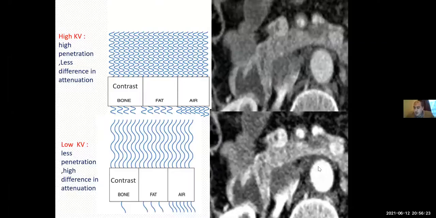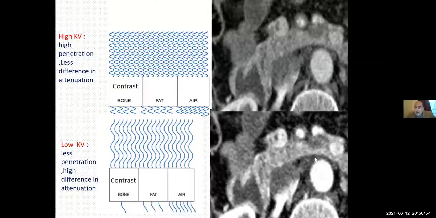Okay, this image is brighter, using 80 kV, but this image appears on using 120 kV. Here the aorta is brighter than here. Okay, because as I told you before from this diagram, the number of photons transmitted from higher density material like contrast or bone will be less than the transmitted photons from the aorta or bone in case of high kV.